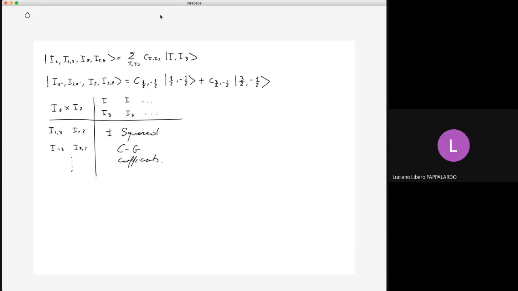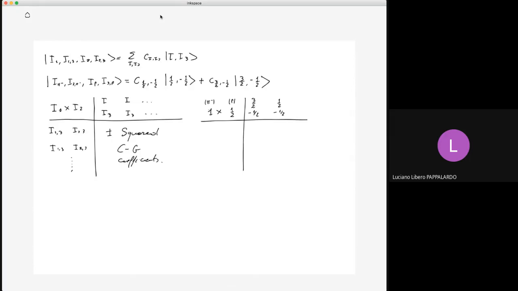So let me just give you the numerical value of our present example, and then I will show you the general situation. So in our example, where we have a pi minus with a proton, the situation is going to be like this. For the pi minus we have 1, and for the proton we have 1/2. Then we have two possible values of the total isospin, 3/2 and 1/2, and the total third component is minus 1/2.